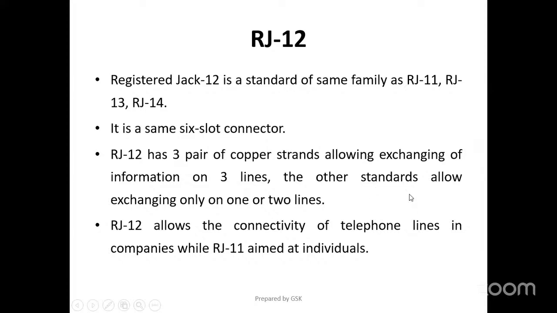Other standards allow exchanging only on 1 or 2 lines, but RJ12 allows 3 lines. RJ12 allows the connectivity of telephone lines in companies, while RJ11 is aimed at individuals. This is about RJ12.